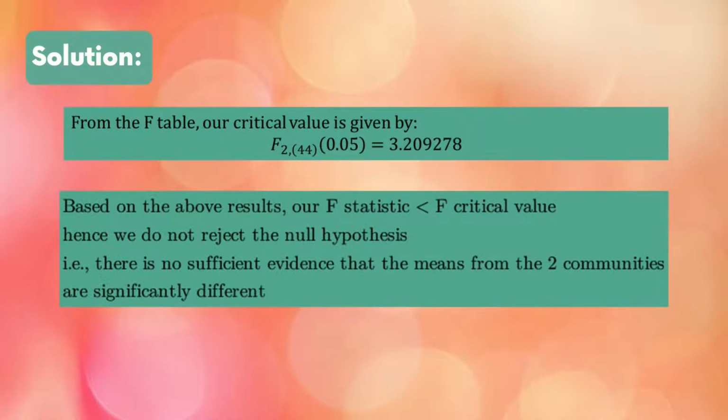Based on the above results, our F statistic, which is 2.66995, is less than our critical value, which is 3.209278. Hence, we do not reject the null hypothesis. This means that there is no sufficient evidence that the means from the two communities are significantly different.